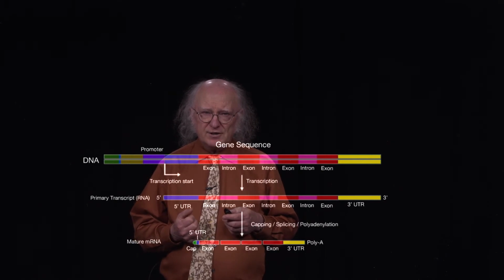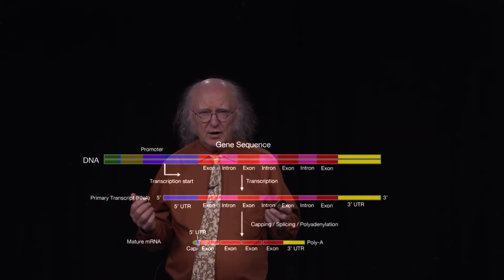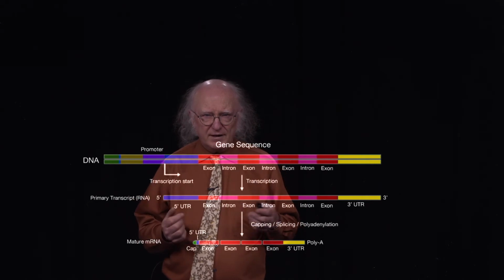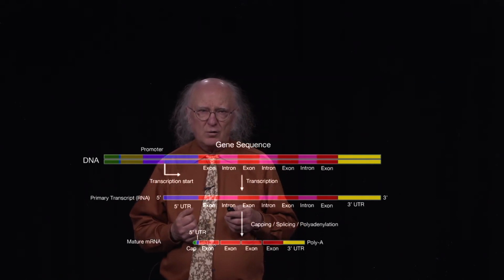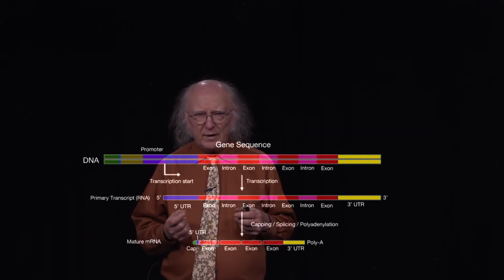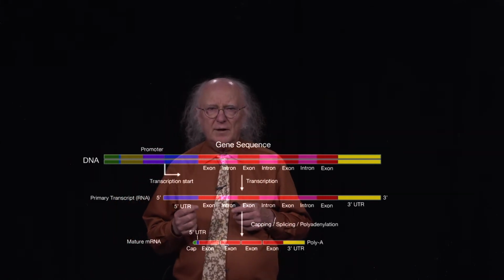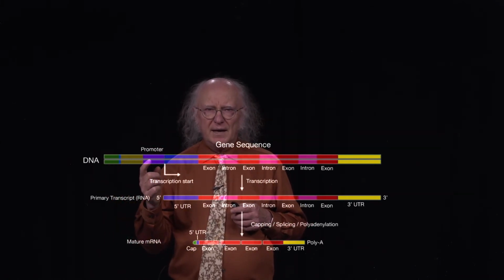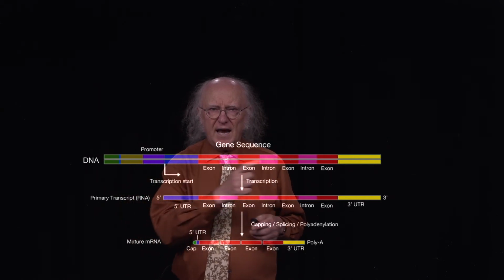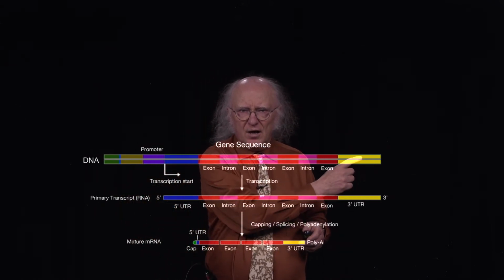There are also some regions that we see in eukaryotic messenger RNAs that are not commonly found in prokaryotic messenger RNAs. Eukaryotic messenger RNAs tend to have what we call long untranslated regions, or UTRs. Those UTRs are located both in the 5' end of a given gene and in the 3' end of a gene.